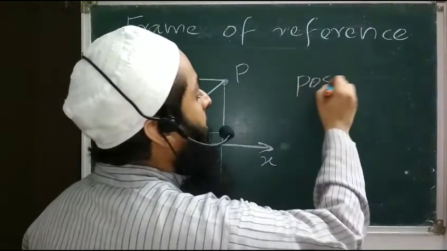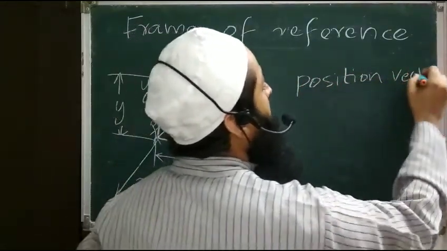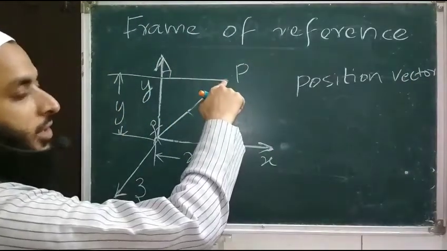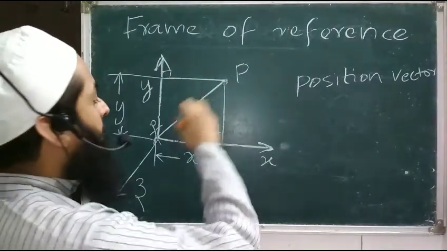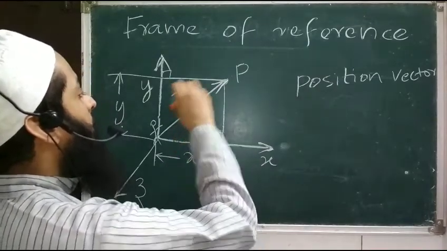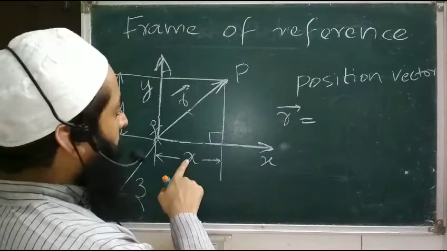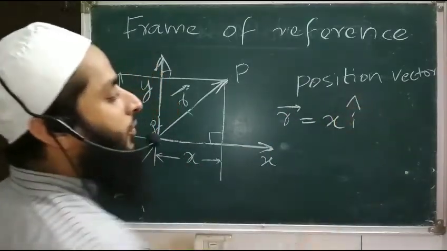What is a position vector? The position vector is the vector denoting the position of the particle. This point is at this place, and so the position can be described by drawing an arrow from the origin. This is the position vector. So the position vector will be the component in the x direction times i cap. What is the meaning of i cap?